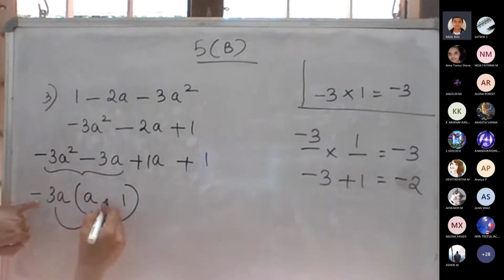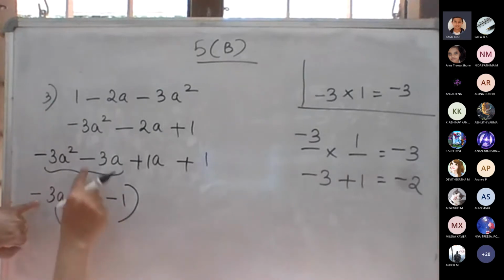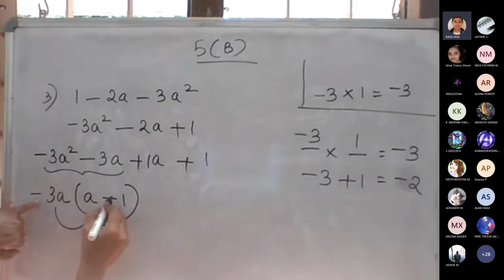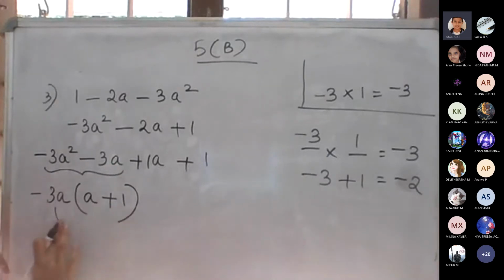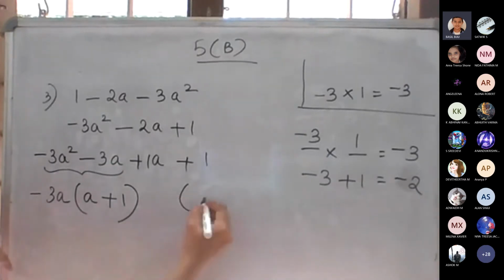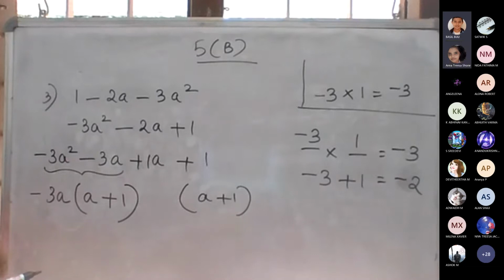If we write negative here, negative into negative will be positive. We need negative, so we put positive itself. Then negative 3a into positive 1 is negative 3a. Then the same a plus 1, plus 1.